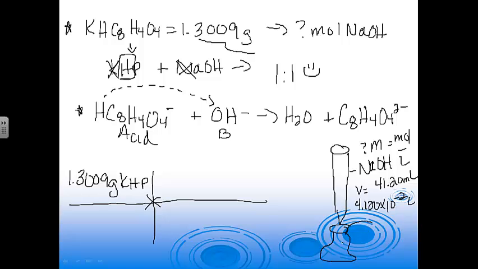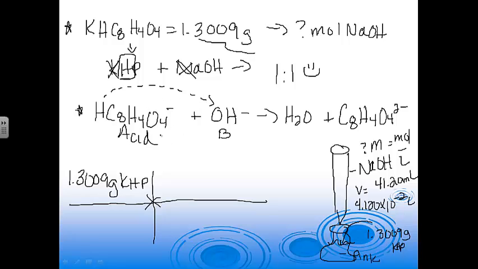Now to show you that, we would have had an Erlenmeyer flask, we would have put in the 1.3009 grams of KHP, and dissolved it in water. The reason we would have known the reaction was over is that as soon as we went 41.20 milliliters, it would have turned pink. In the beginning, as you add in the hydroxide, it turns clear.